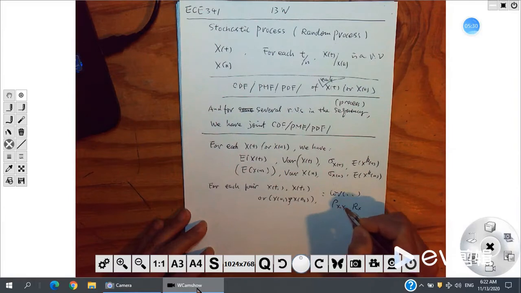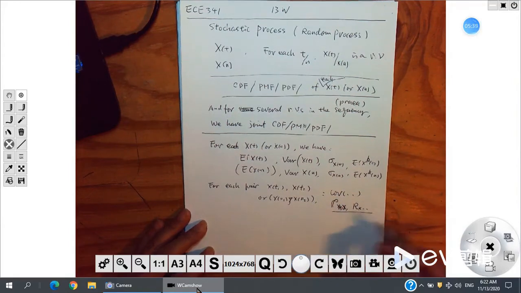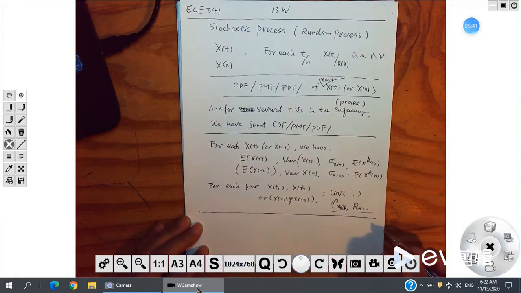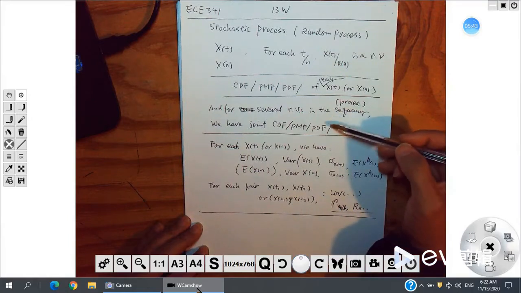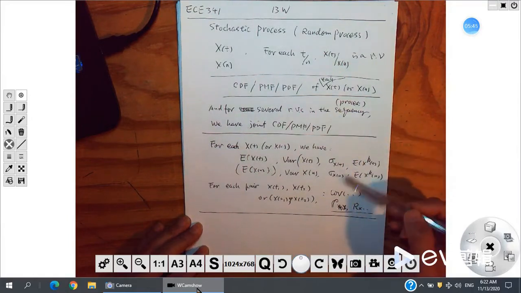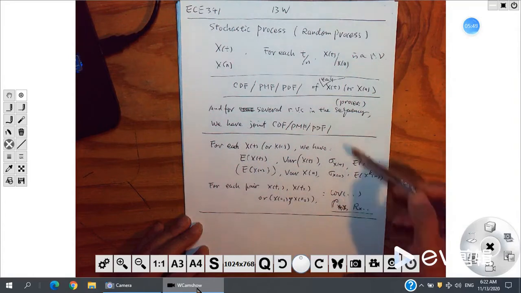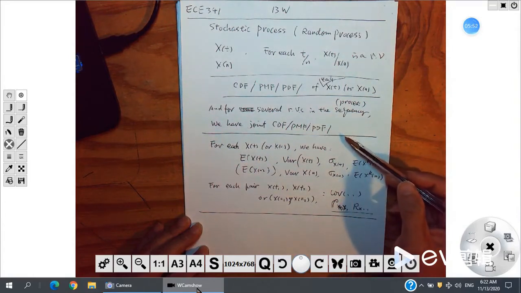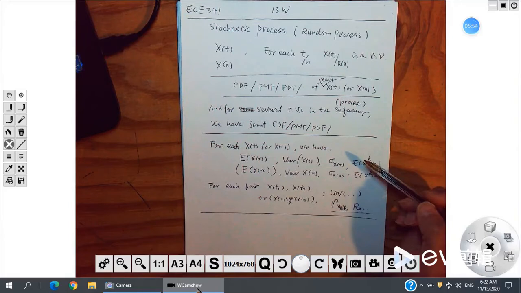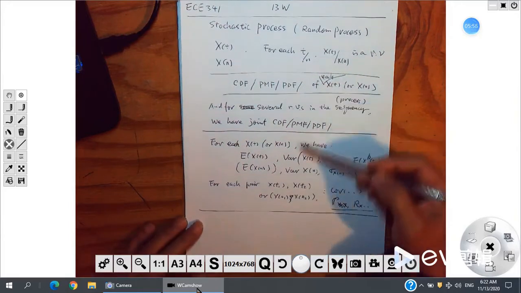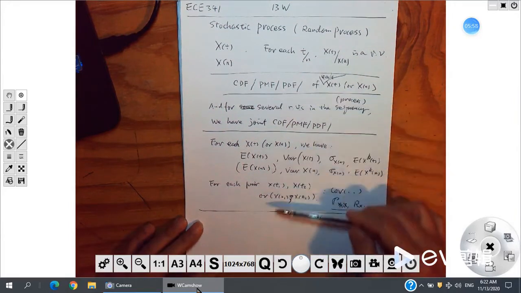Both are x, x(t1), x(t2). I just put rho something and r something, right? We can have all of these. Compared with these functions, these numbers are actually somehow simpler than those functions, right?